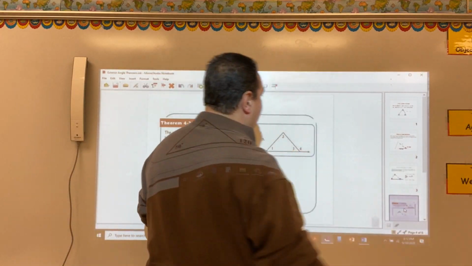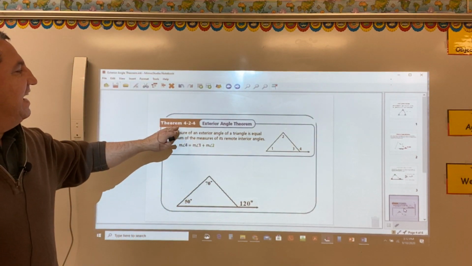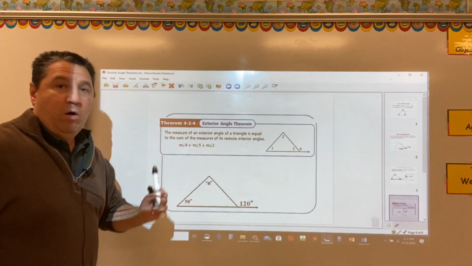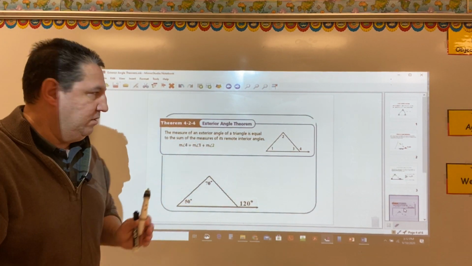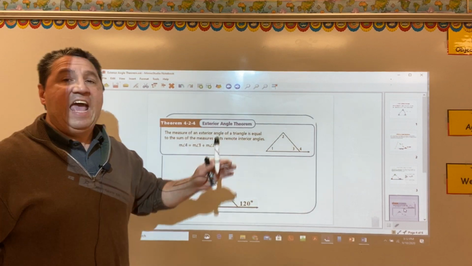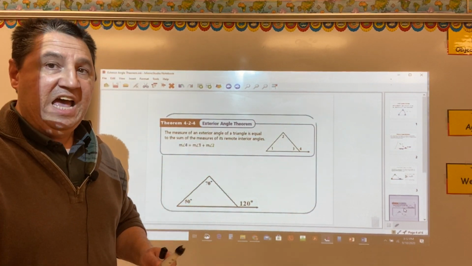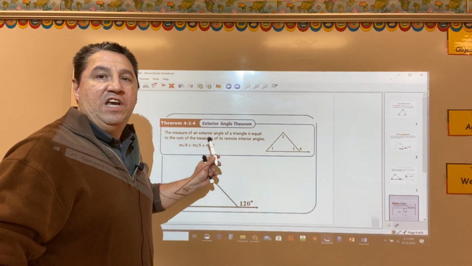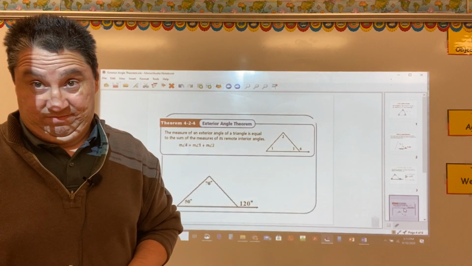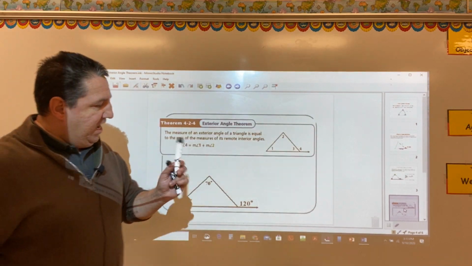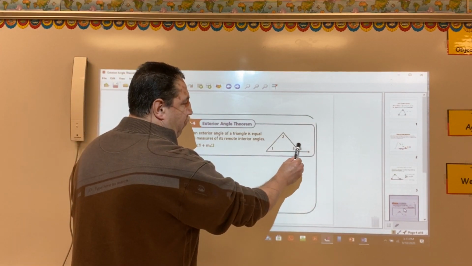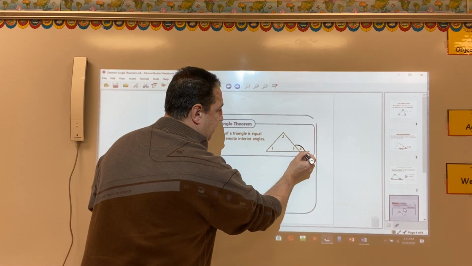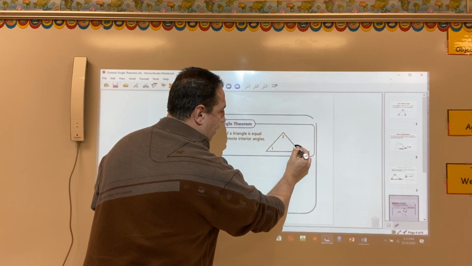This being said, let's move to the next slide and talk about the so-called exterior angle theorem. Now, what does this theorem state? The measure of an exterior angle of a triangle equals the sum of the remote interior angles. For example, here, angle 4 is the exterior angle for this triangle.